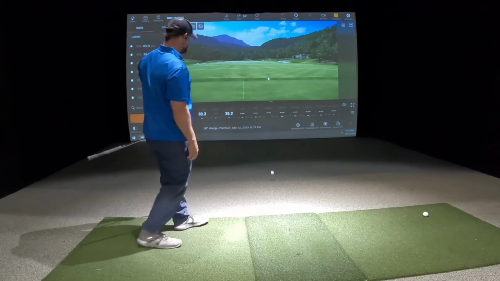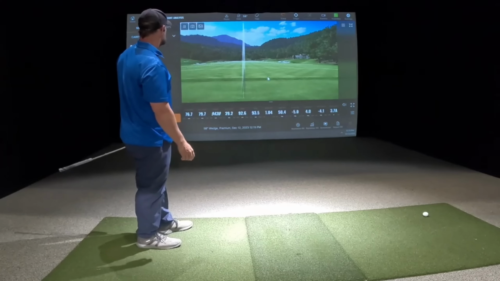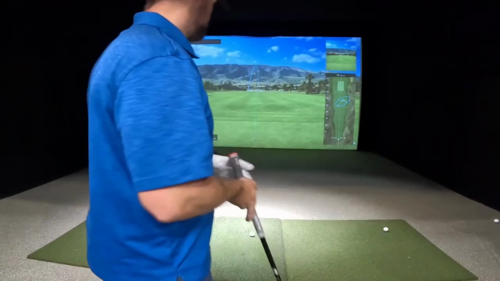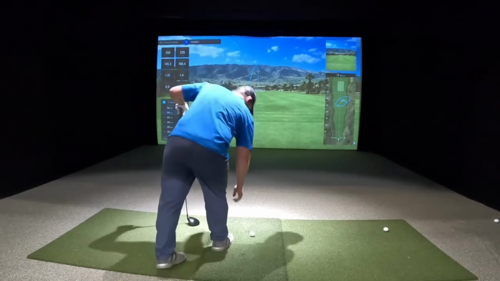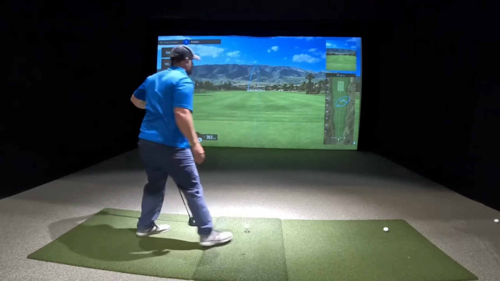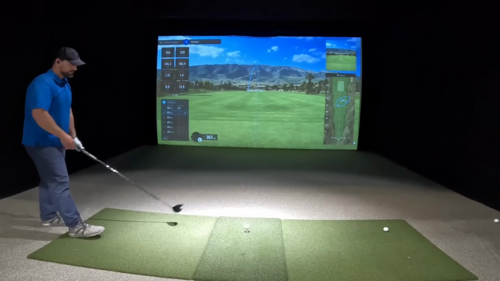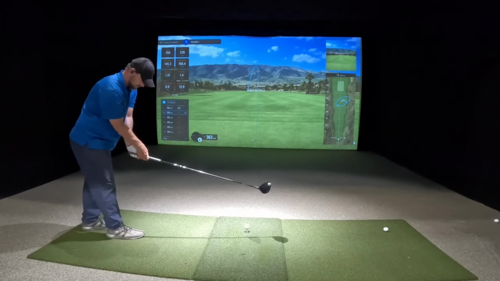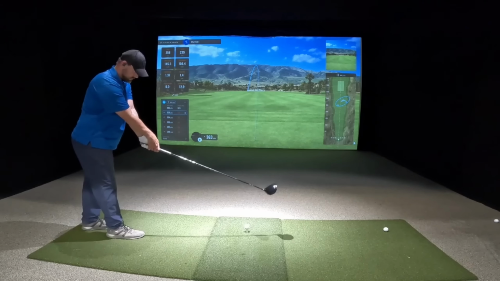But what I do when I get home is I review my entire session, and I'll go through and reevaluate each shot. So I was very happy with this Trackman session, to be honest with you. You'll see here, if you look up on the right of the screen, my dispersion with the driver right now is just absolutely insane.